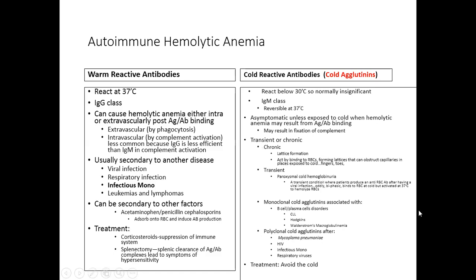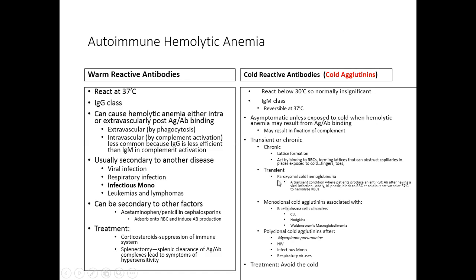Transient ones are really just an antigen-antibody binding, forming a lattice, and when it gets cold in your fingers or your toes or your nose, or in very cold weather, where your body temperature drops, you end up getting obstruction in capillaries and some pain and some hemolysis there. Transient cold reactive antibodies, we also call those cold agglutinins.